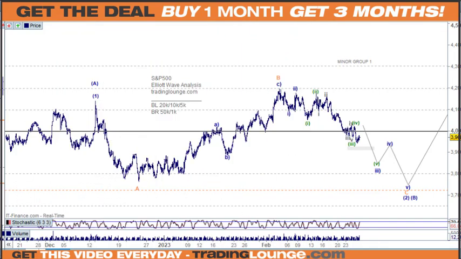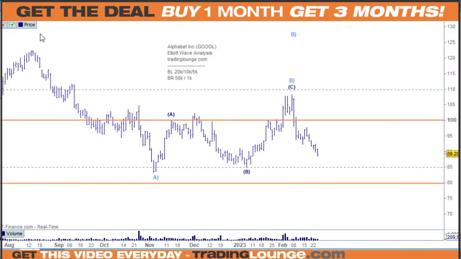Well, then Google can make a new low and then push up at that point and catch up too. It will probably move pretty quickly through here once folks see what's going on.